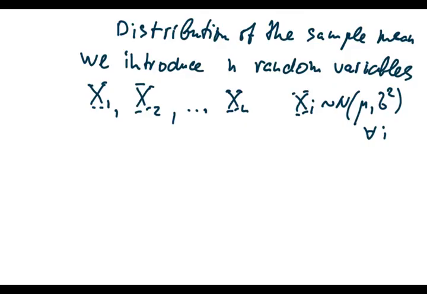So now we introduce another random variable, x capital bar, which is a combination of n random variables we introduced before. Namely, we take the mean value of these random variables from 1 to n.